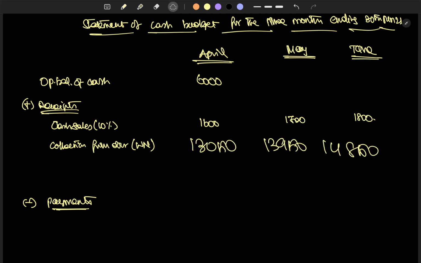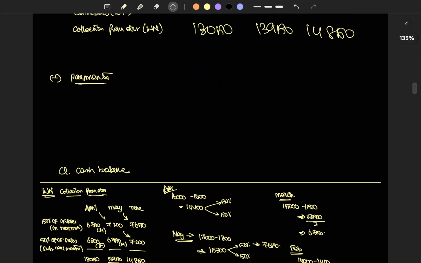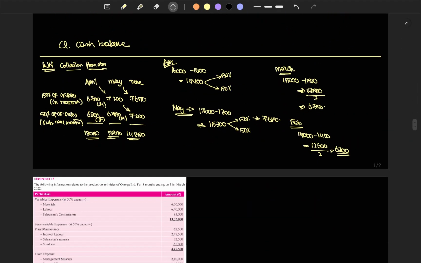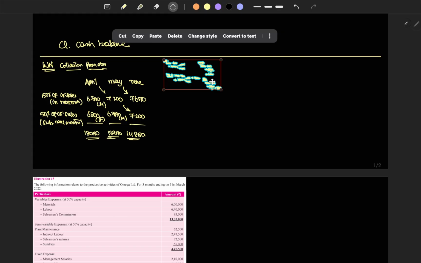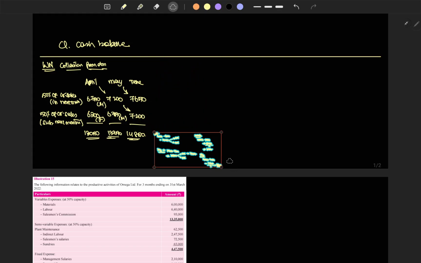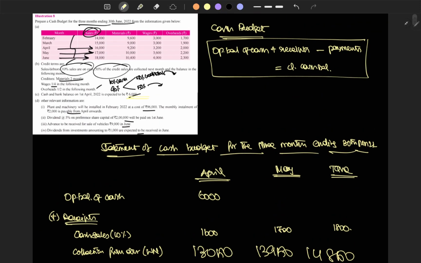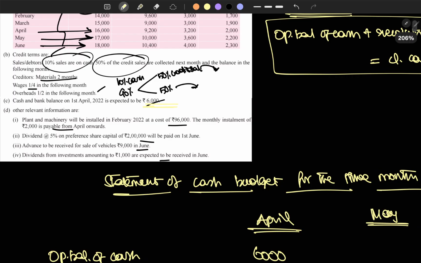Right. Now what else? We found the balances for collection from debtors. What else? We have information in the question.